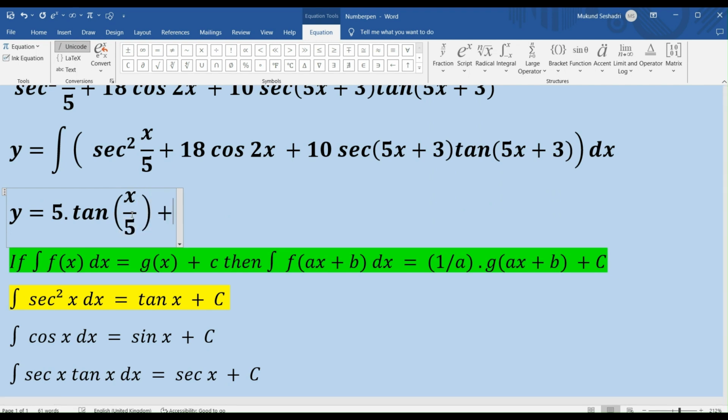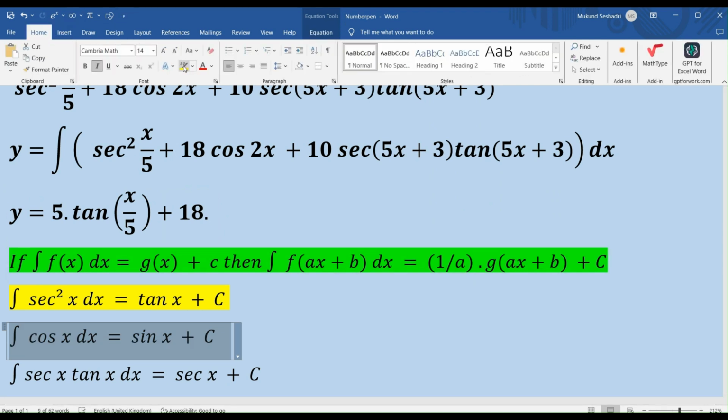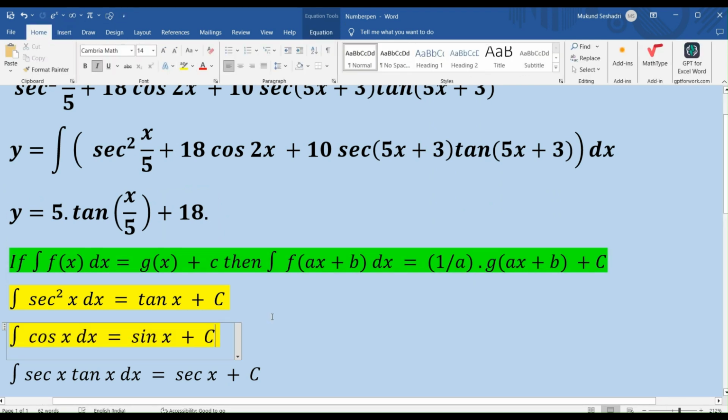My step 1. Then I have the cos function, 18 cos 2x. I write my 18 as it is. I go to the next formula which I'll be using, integral of cos x dx equal to sine of x plus c. And what is my f of x? My f of x is cos x, my g of x is sine x, and then my integral of f of ax plus b dx is nothing but integral of cos of 2x.